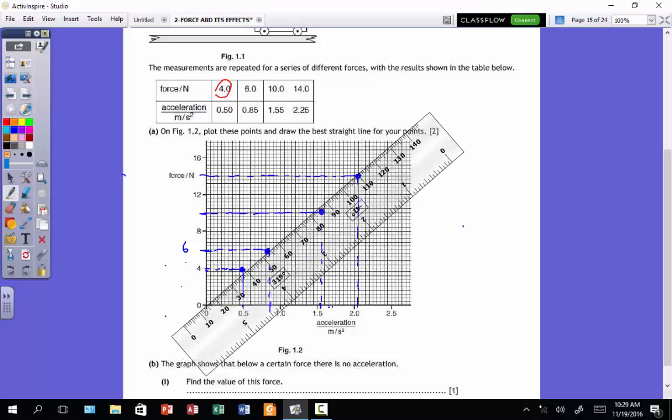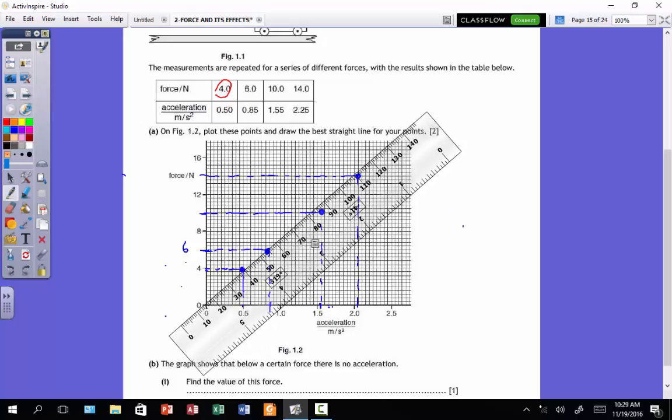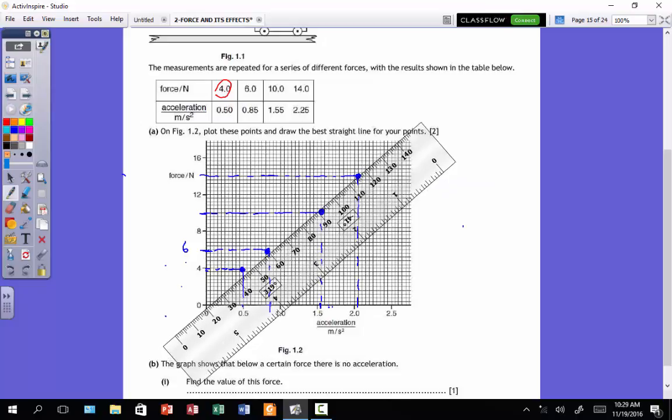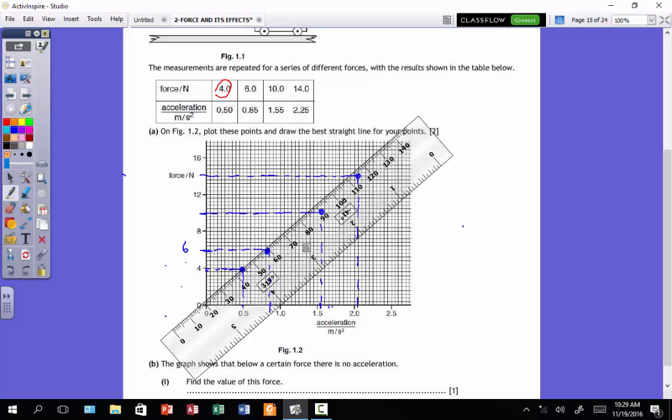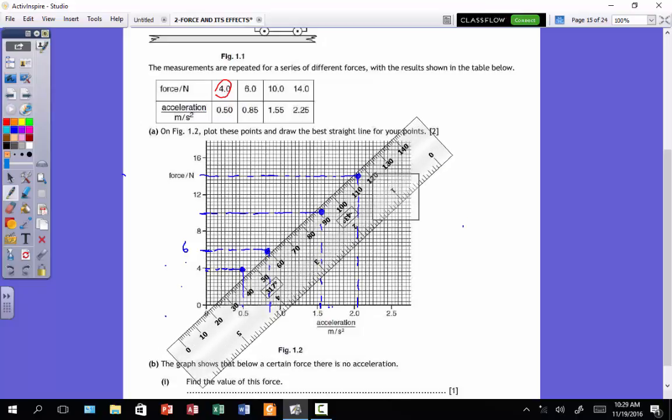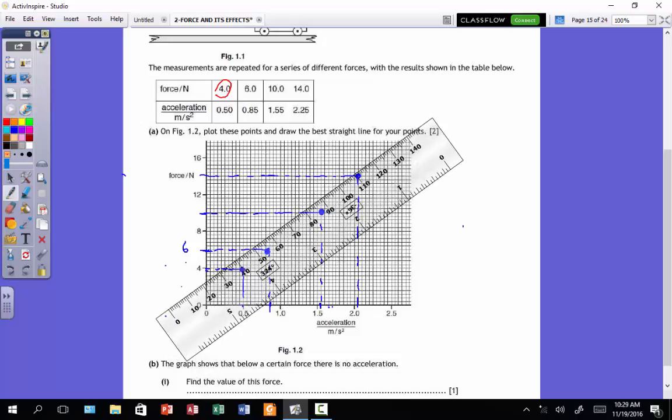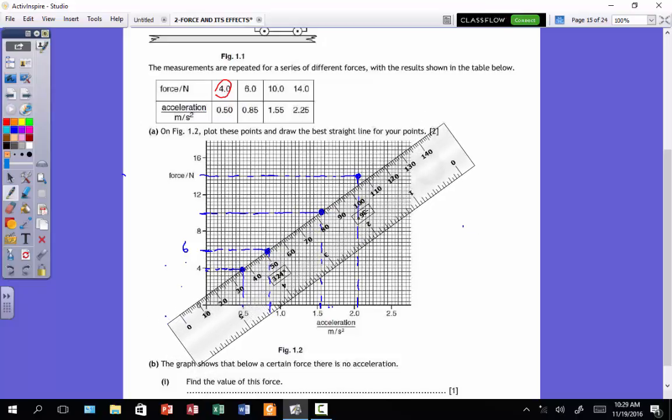It's a bit of a challenge sometimes. You can see there are 3 points exactly in the same line. I can use a different color, which is red.